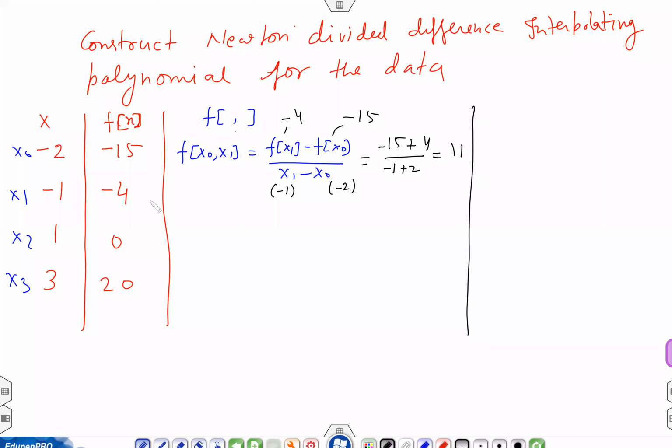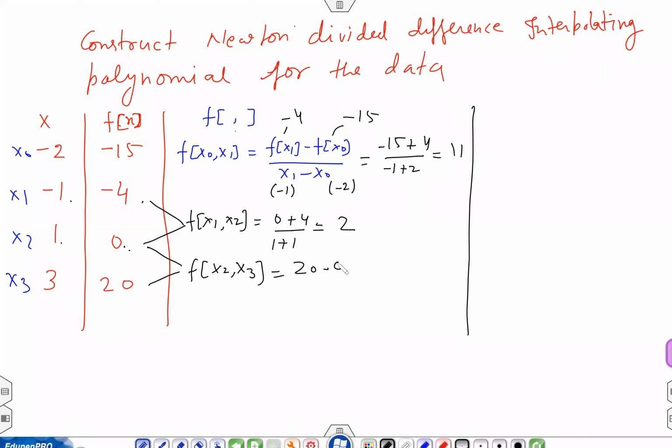Okay, so f of x1, x2: 0 plus 4 upon 1 plus 1. It's very easy. Just remember, this value minus this value upon this value minus this value. So this is coming out to be 2. Similarly, you use x2, x3: 20 minus 0 upon 3 minus 1.